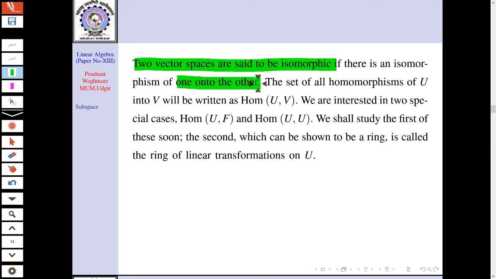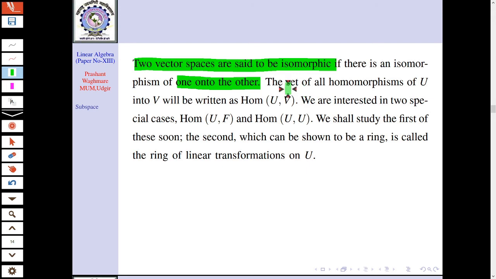Suppose we have two vector spaces U and V, and there is a mapping from U to V or V to U, and that mapping is an isomorphism and 1-1 onto, then we can say that the two vector spaces U and V are isomorphic.